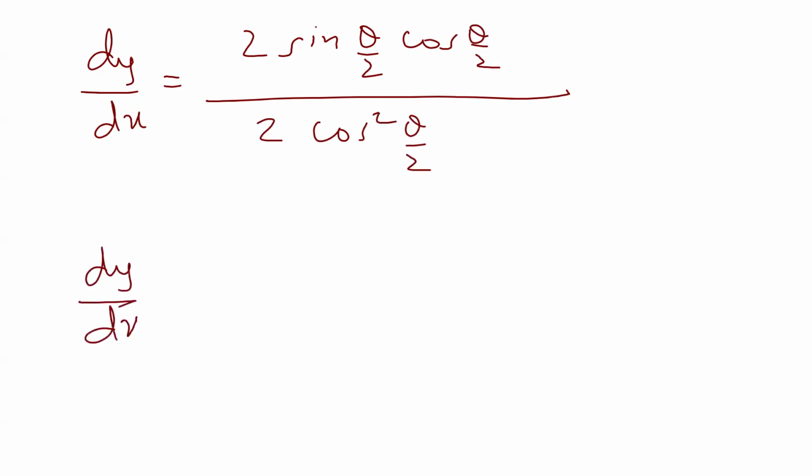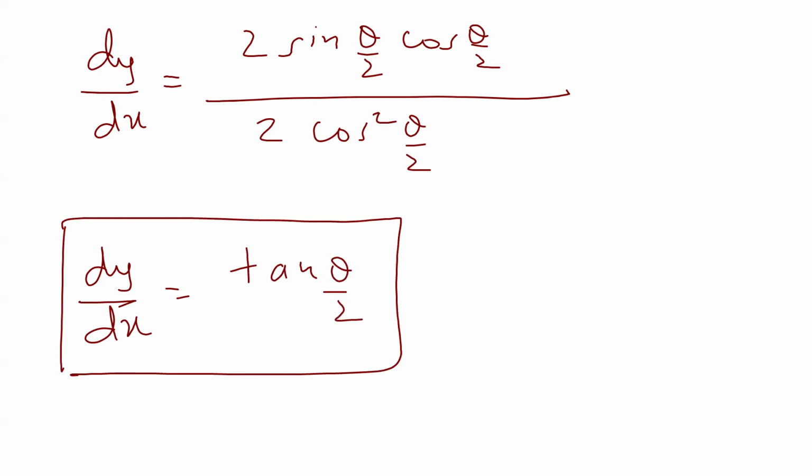So in dy by dx, the 2 gets cancelled, a cos gets cancelled, so this will be tan theta by 2. Okay, sine upon cos is tan.